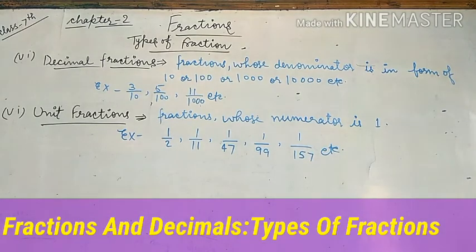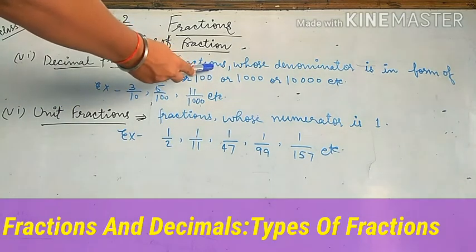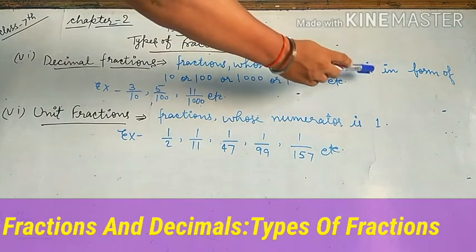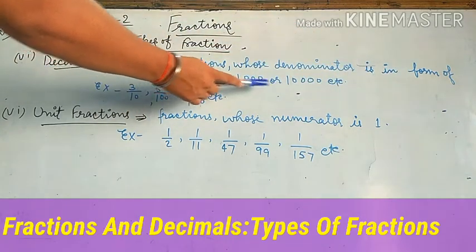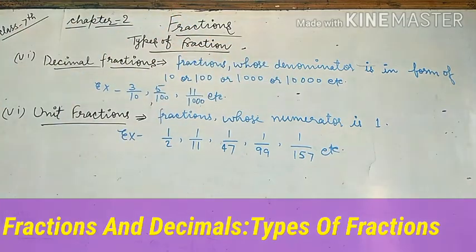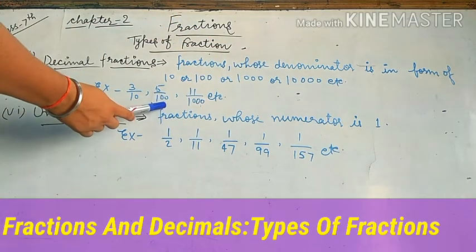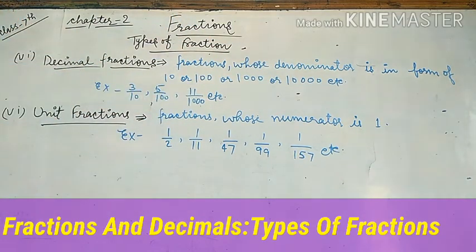The next fraction is the decimal fraction. Decimal fraction means if you divide the numerator by the denominator, the answer will be in decimal form. So the definition is: a fraction whose denominator is in the form of 10, 100, 1000, 10,000, etc. For example, 3 upon 10, 5 upon 100 and 11 upon 1000. But the question is, why is it called the decimal fraction?